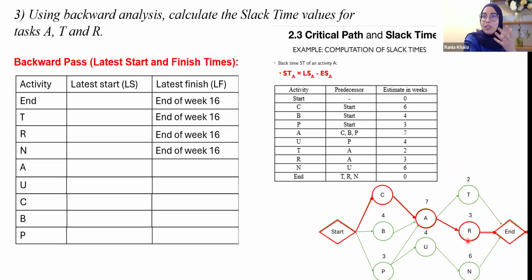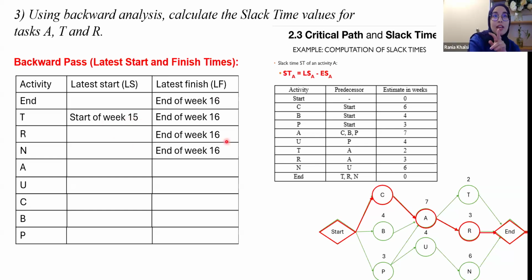Each of them now has a different estimated duration in weeks. T, for example, takes 2 weeks. Counting back, because we are performing the backward analysis, back from week 16, activity T that takes 2 weeks is supposed to start at the start of week 15.